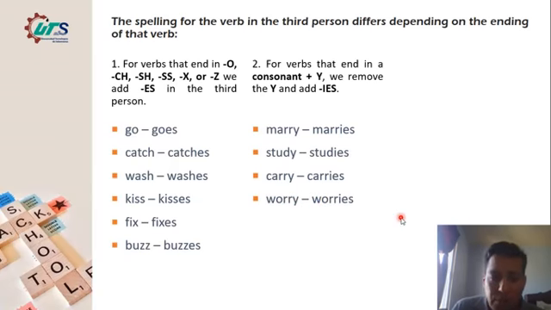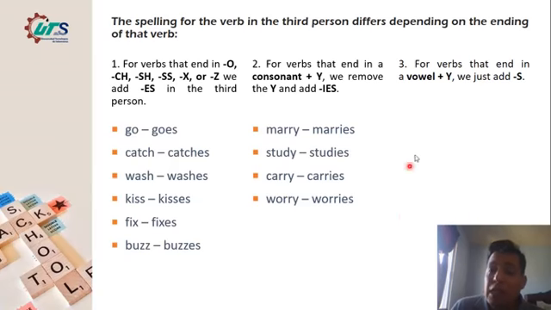Okay. We have now the third rule, for verbs that end in a vowel and y. In this case, we just add s. Compare these with the verbs that end in a consonant and y; in this third rule the verb ends in a vowel and y. The first example is play.